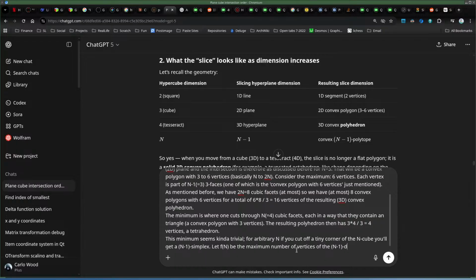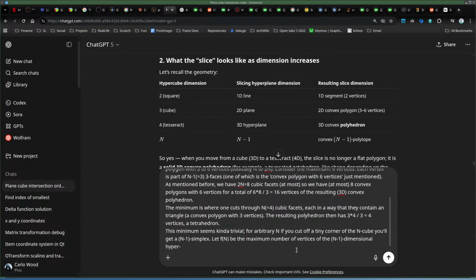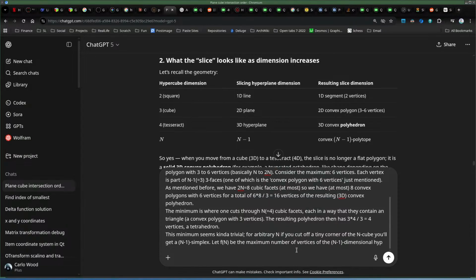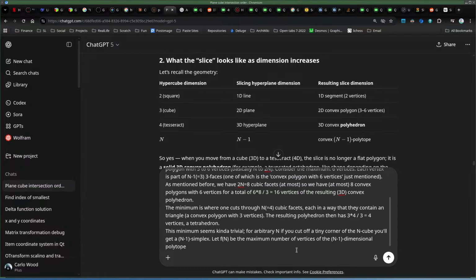I'm gonna use a hyper. I don't know better. I think it's actually just gonna be left off. A polytope, right? That was already higher dimensions. N minus 1 dimensional polytope. Let f of n be the maximum number of vertices of the n minus 1 dimensional, I'm gonna add slice so we definitely know what we're talking about, slice polytope.